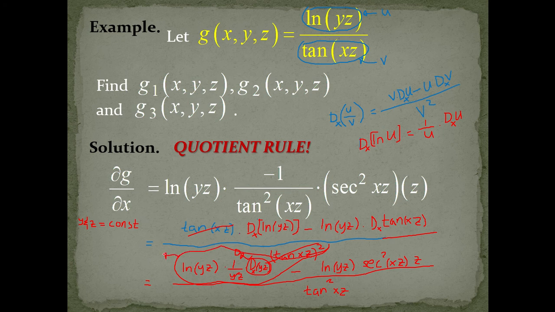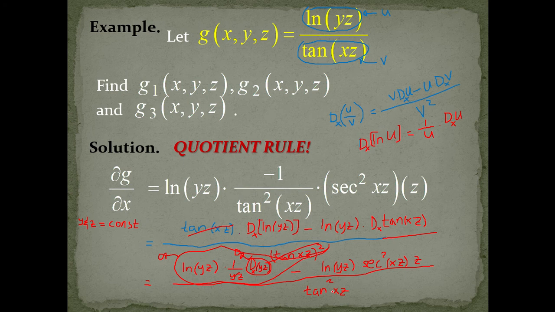So what is left is negative ln yz secant squared xz times z over tangent squared xz. That is what you can see here. Because the whole thing on the left part of the negative sign becomes 0, excluding the denominator, that is just this one.